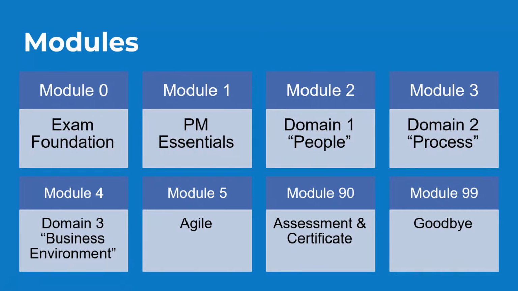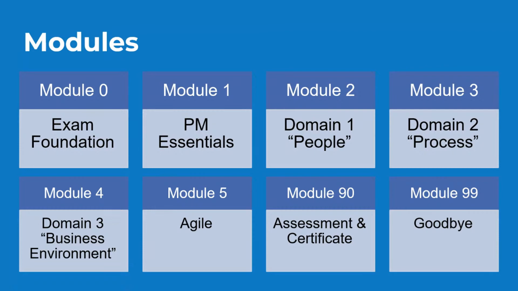So these are the core, the main modules, the bulk of everything that we have here. And talking about the bulk of the training, it is really here in Module 2, Module 3, and Module 4, because these 3 modules map to the exam content outline.